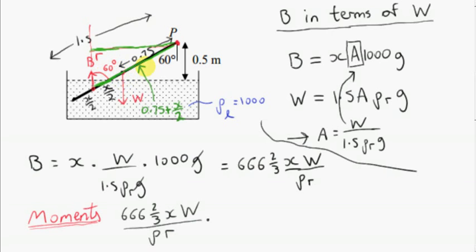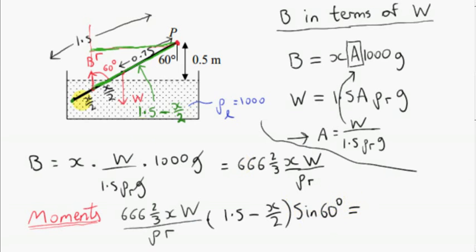Okay, so what is this distance? Well, it's the total length of the rod, which is 1.5, minus the distance from here to here, which is x over 2. So we multiply the hypotenuse of this triangle by the sine of 60 degrees.